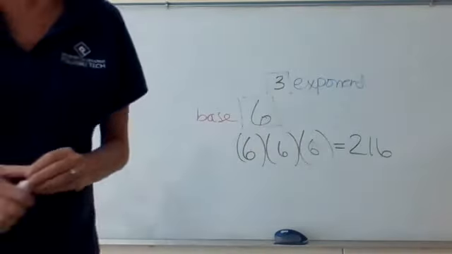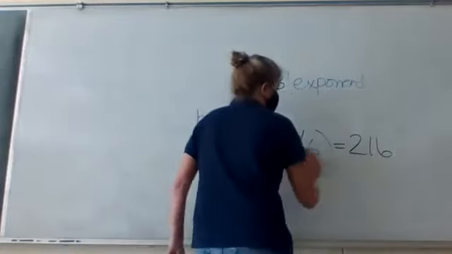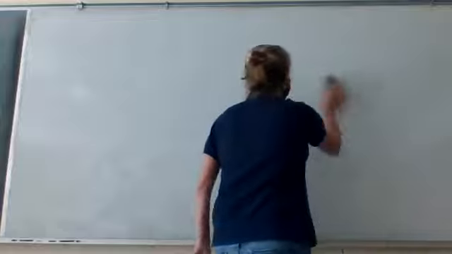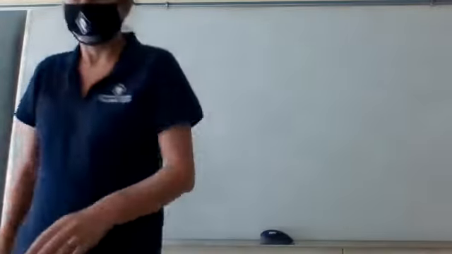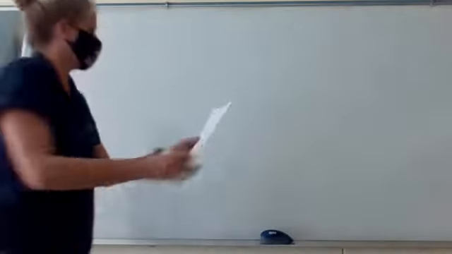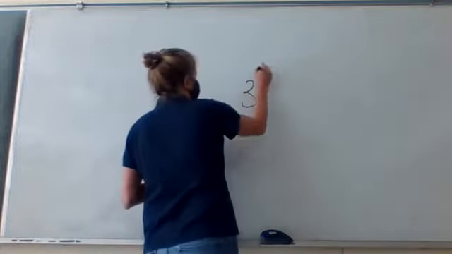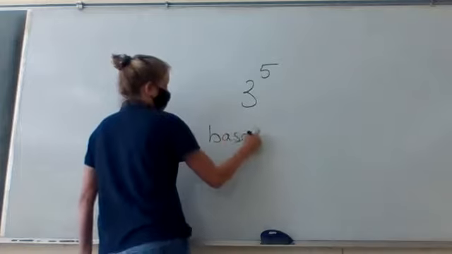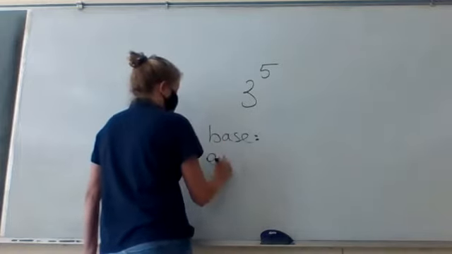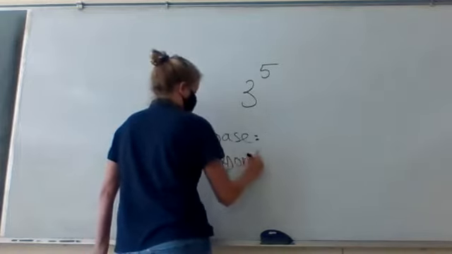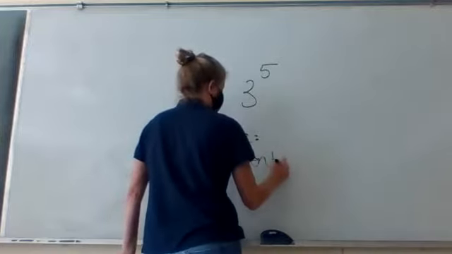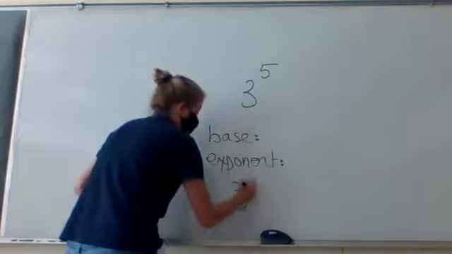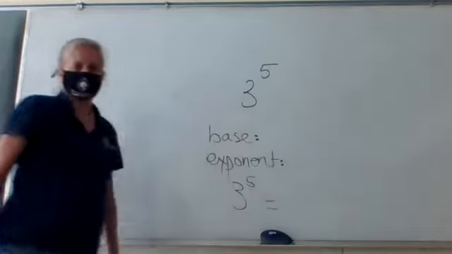So let's look at number 1. You've got 3 to the 5th power, which is how that is read. It's going to ask you what the base is, what the exponent is, and then what is 3 to the 5th power equal to?